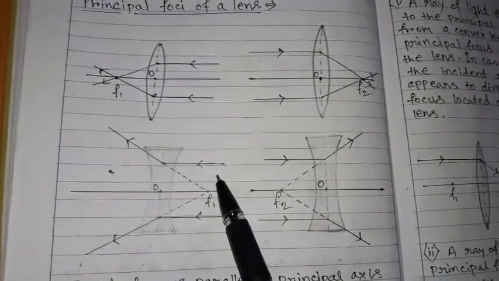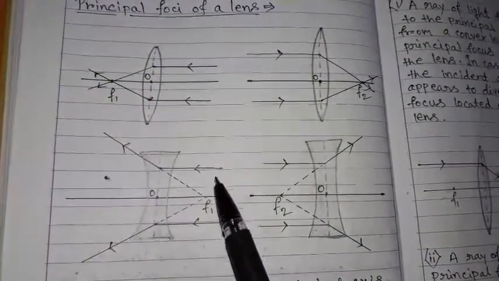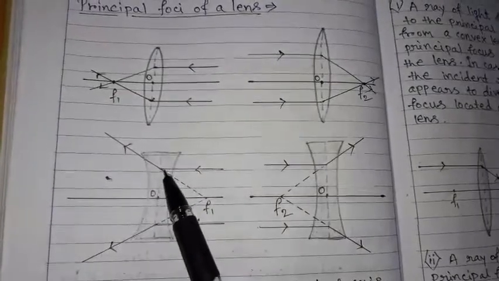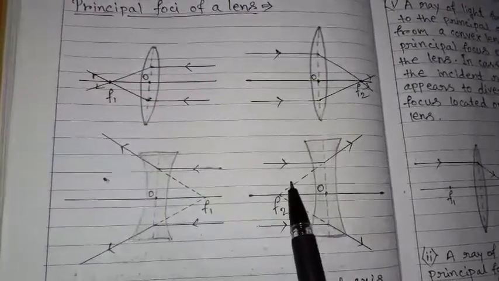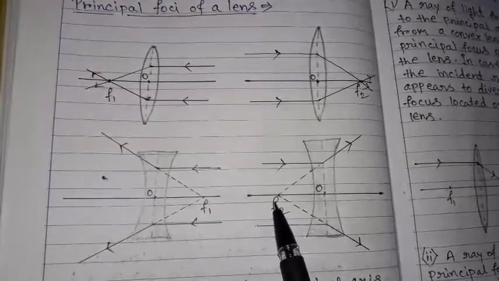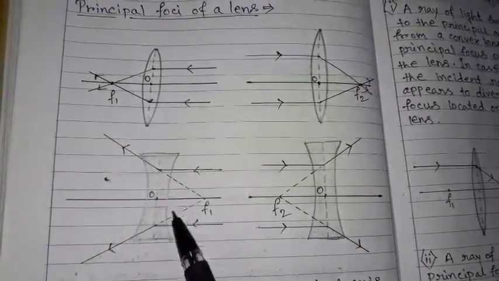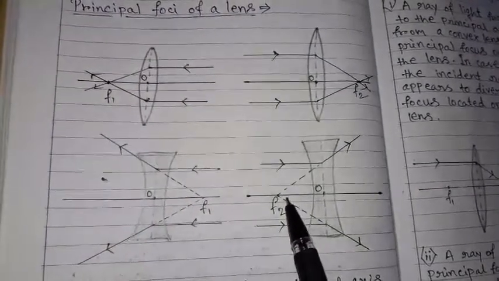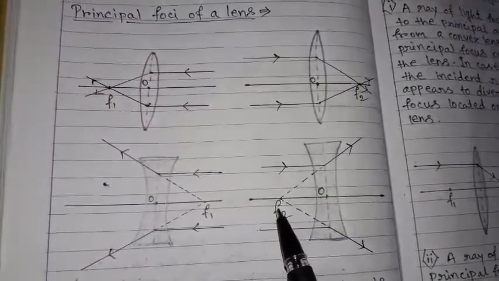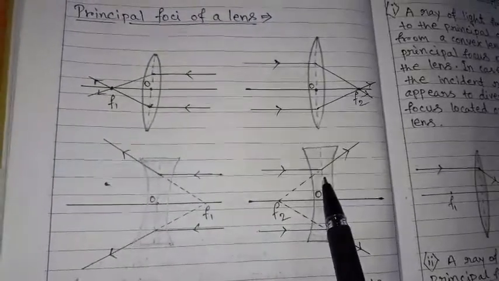For the concave lens also, we see that the incident ray parallel to the principal axis after refraction appears to diverge from the point F1 here and appears to diverge from a point F2 here. These are the two opposite faces of the concave lens. So these points F1 and F2 are the principal foci for the concave lens.